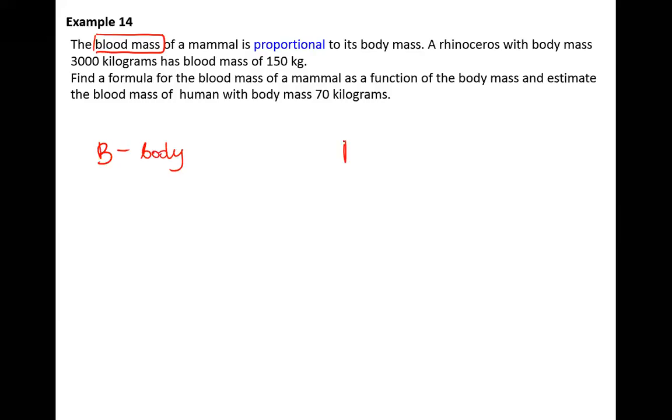Oh my gosh, I just want to write the formula. M equals the coefficient constant of the direct proportionality times the body mass.